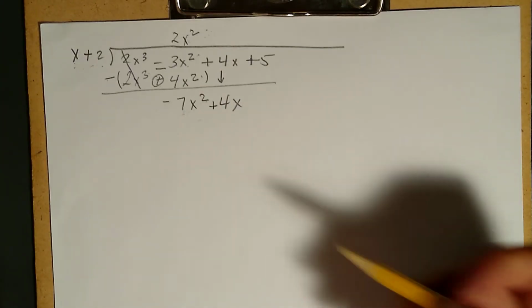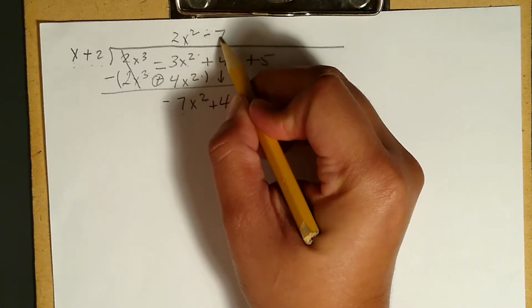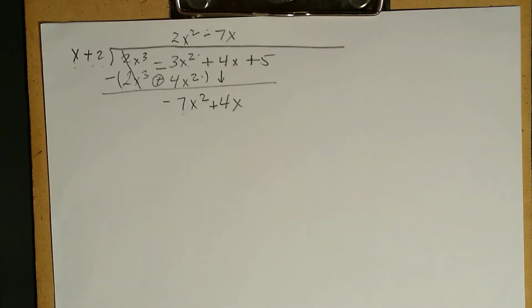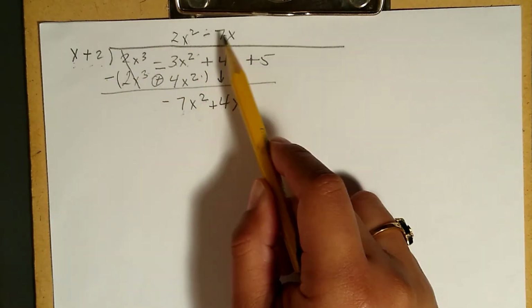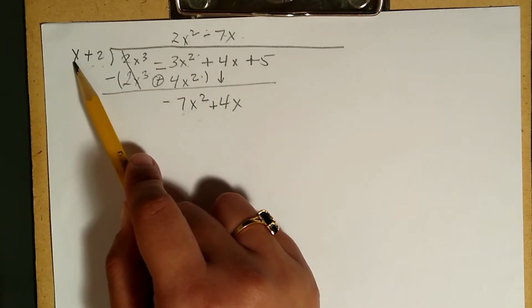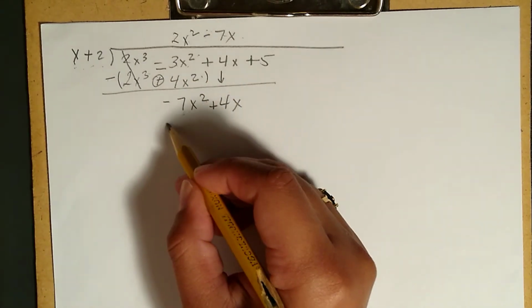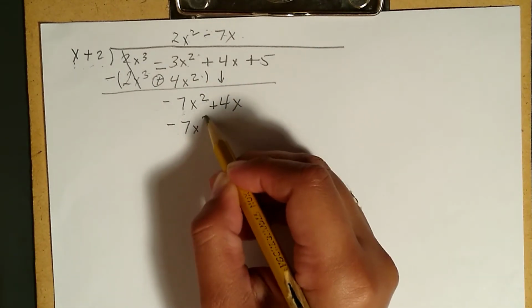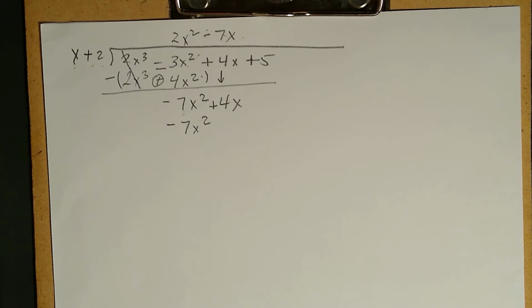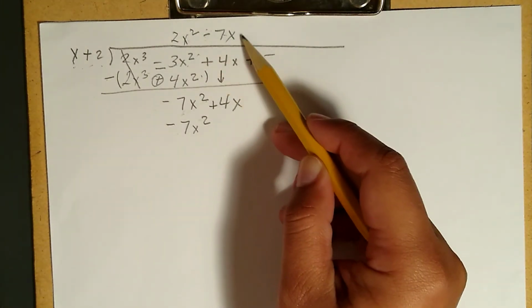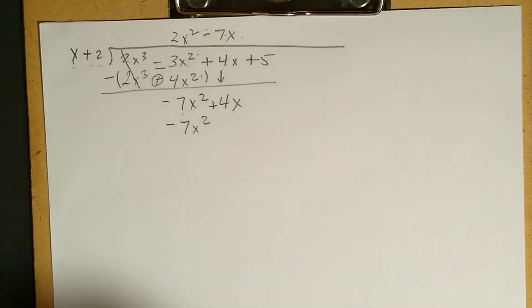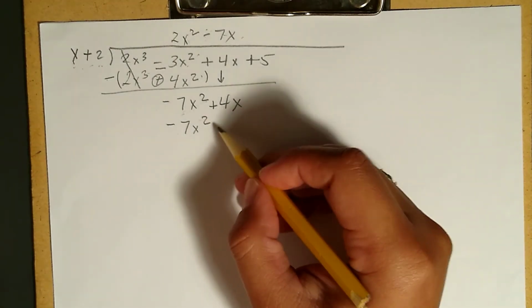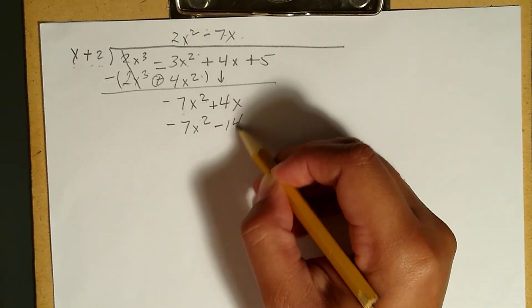So we can use negative 7x. Once again, we multiply negative 7x by the variable, which will give you negative 7x squared. Then negative 7x times 2 will give you negative 14x.